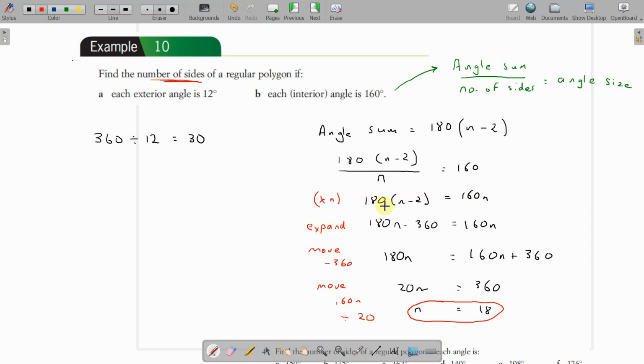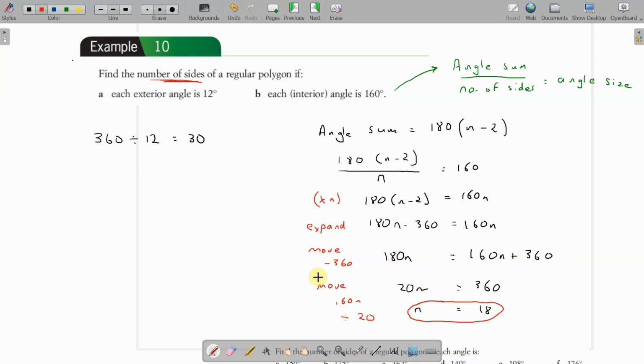So that's 180 times n there, and then minus 180 times 2, which is 360, equals 160n. Then I move the minus 360 over to here, plus 360. So that leaves us with 180n equals 160n plus 360.